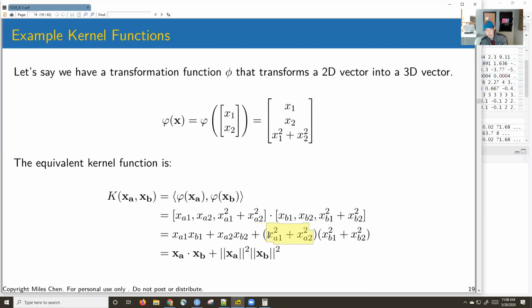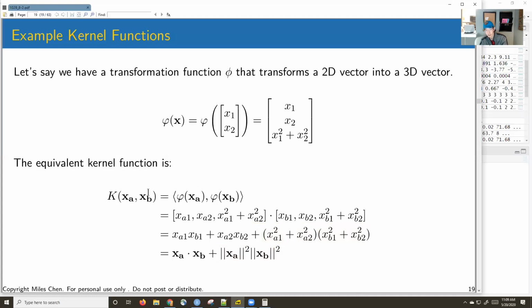And this we recognize as the squared norm, xa norm squared, and this is xb norm squared. So this thing times this thing is the product of xa norm squared and xb norm squared.